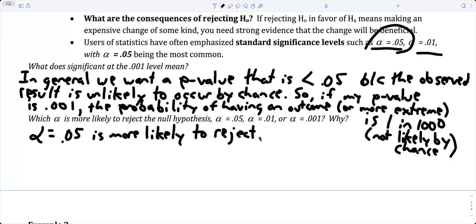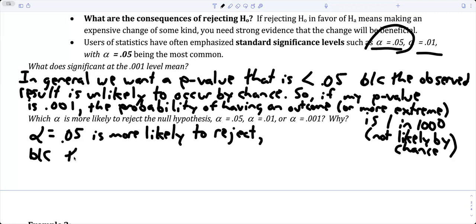So if you think about this in terms of a probability, there's a greater rejection region at 5% than at 1%, for example.